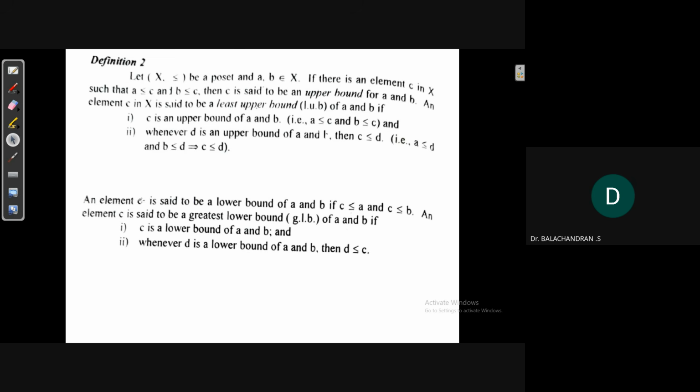Next, an element c is said to be a lower bound of a and b if c ≤ a and c ≤ b.